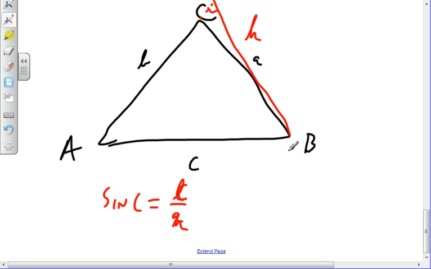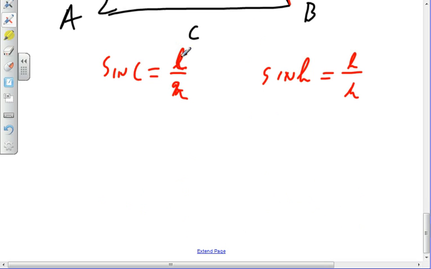And then I'm going to do the same thing with B. Sine of B is equal to H over C. And then I'm going to put my H's equal together.